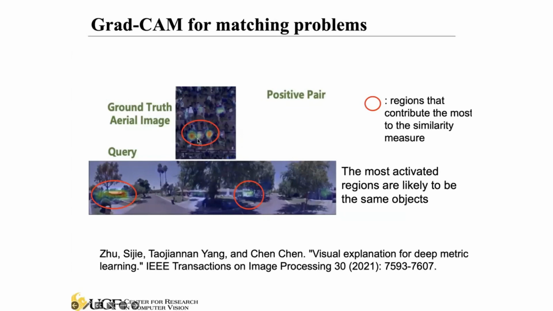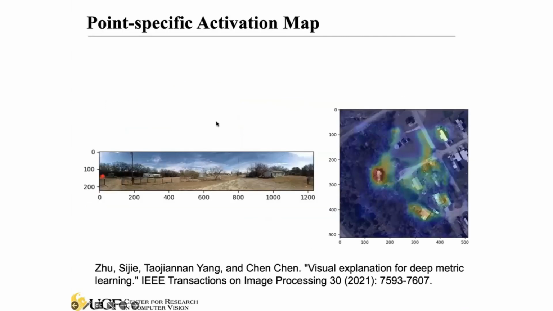These two views have a very large visual discrepancy. One is street view, showing the side of the building and the road, but the satellite image is mostly focused on the top, only the rooftop or maybe the layout of the particular location.